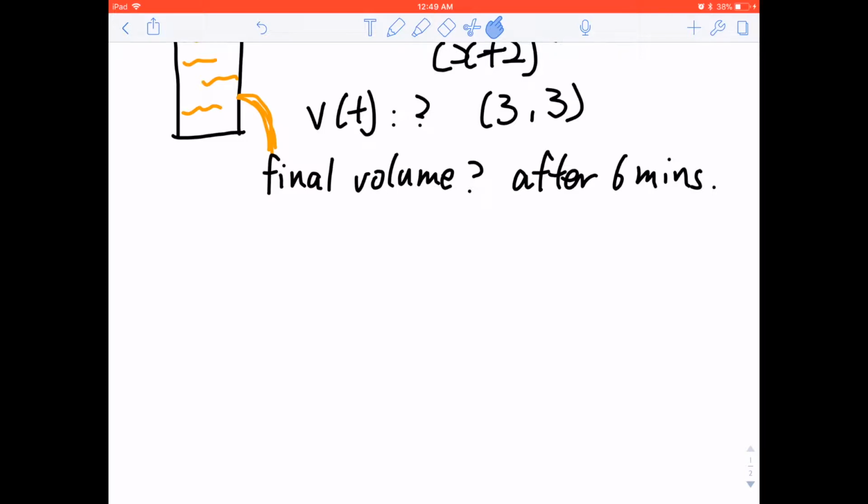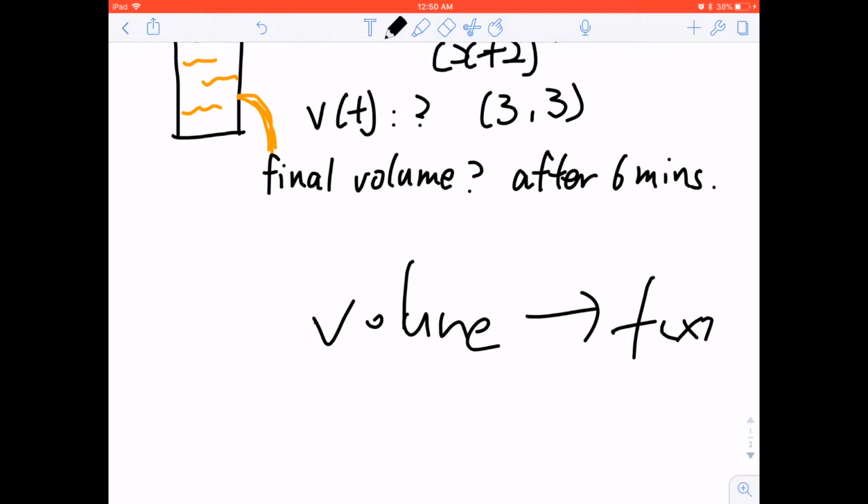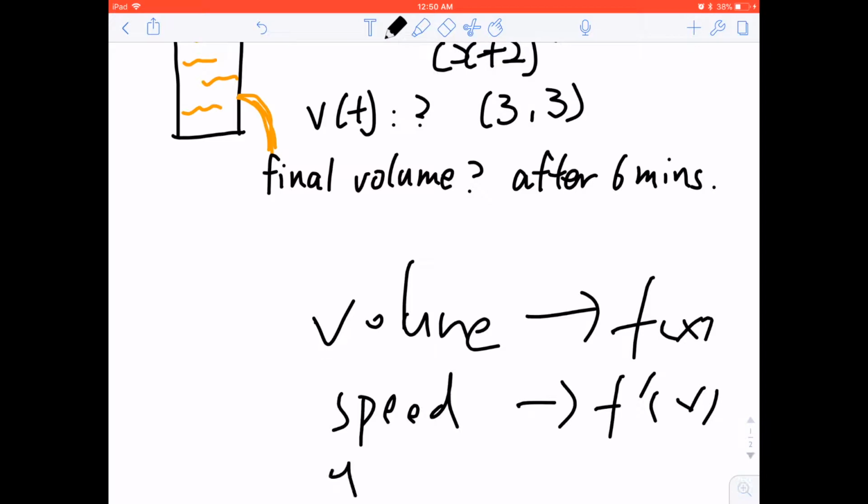We have learned the relationship between the acceleration, velocity and the volume in calculus class, which is the volume represents the original function, and the leaking speed represents the first derivative, and the acceleration represents the second derivative.